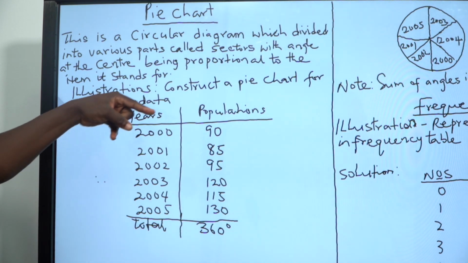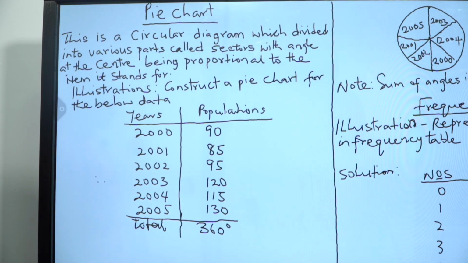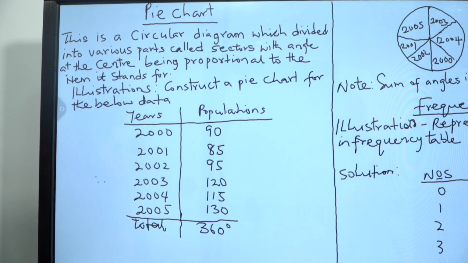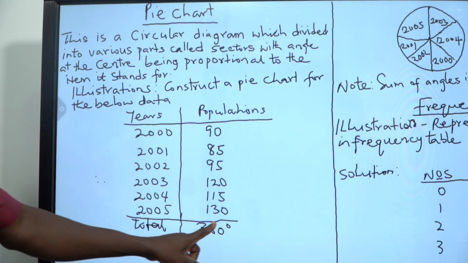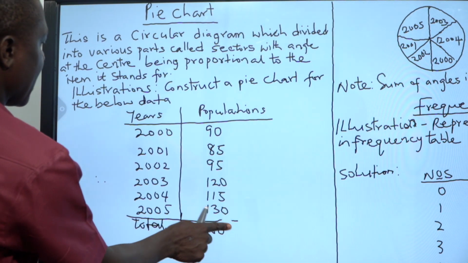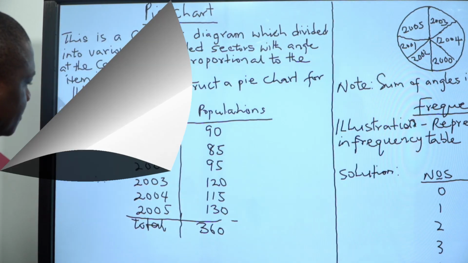When you now sum from 90 to 130, what you are going to get is 360. But this is not the main angle we are looking for.